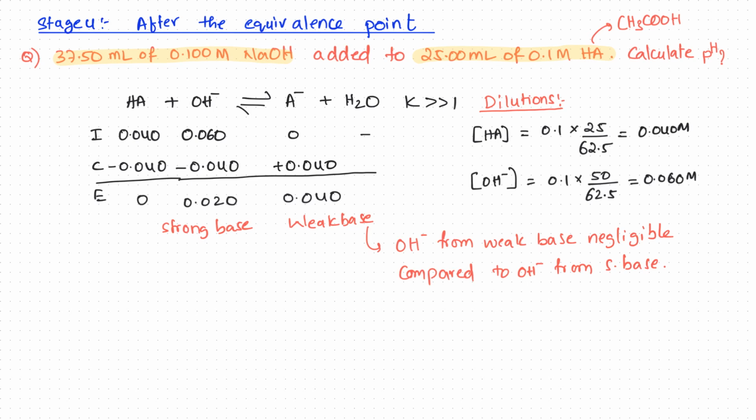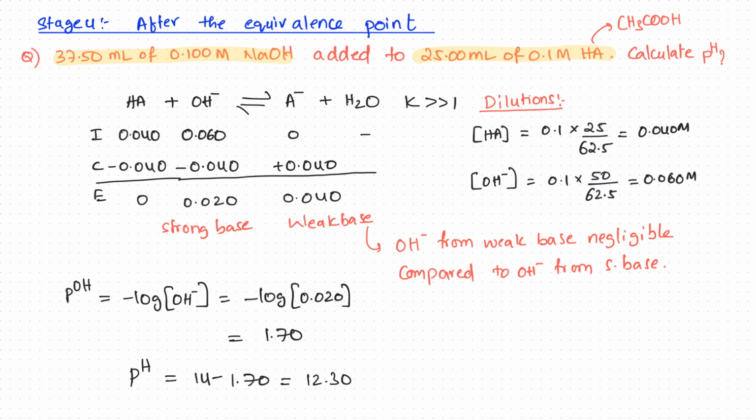Therefore, at equilibrium, we have 0.02 molar hydroxide ion, and we can calculate the pOH of this solution. pOH is equal to negative logarithm of OH-, which comes out to be 1.70. And the pH will be 12.30.